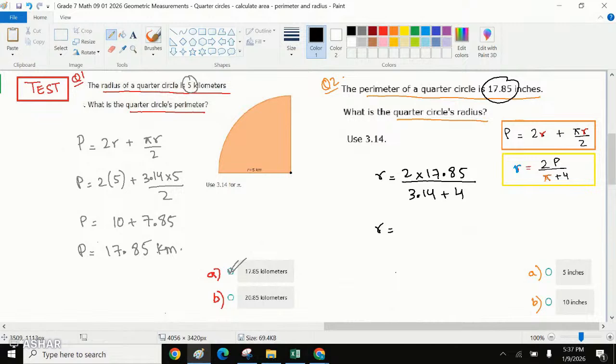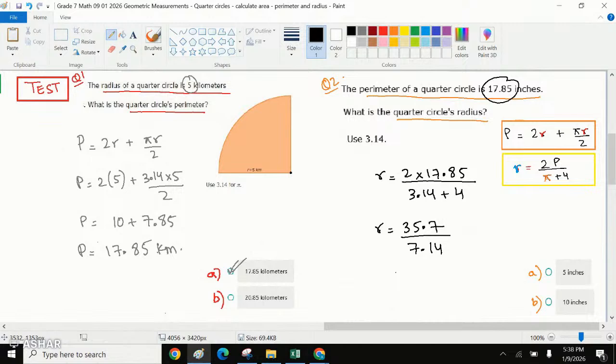So 2 multiplied by 17.85 would come out to be 35.7, which is to be divided by 7.14. No, Michael, because the numerator is 35.7. Let's confirm. Please confirm your answer.